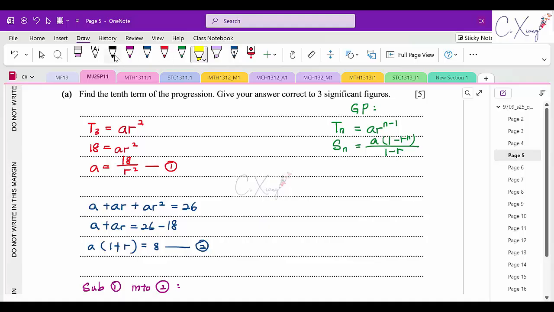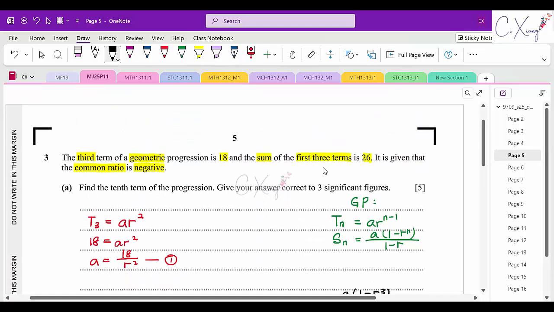And if we follow most of the students who try out this question, I believe that for the second equation, they are not using this one, but they use the formula S3 equals A, they don't know the value, then 1 minus R power n, which is R power 3, divided by 1 minus R. Then if you substitute S3, the value they give you is 26.